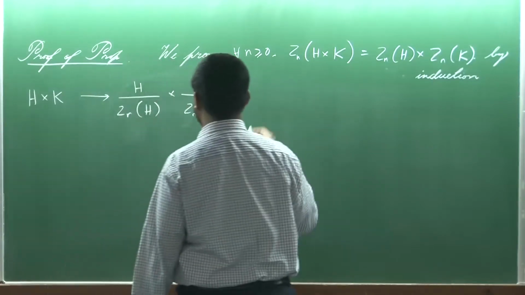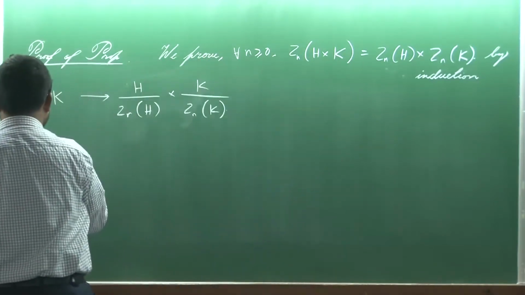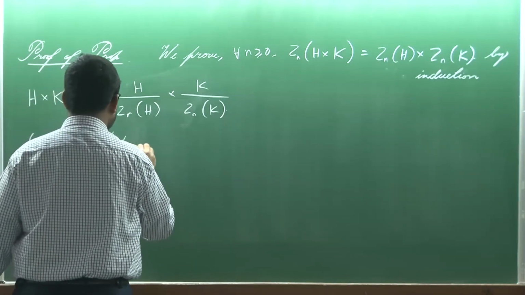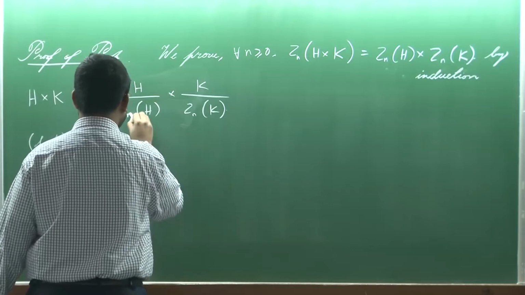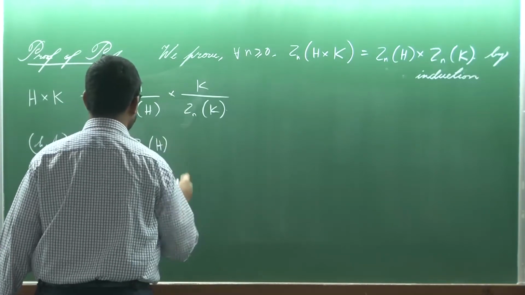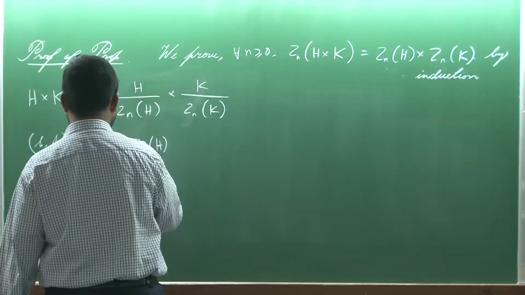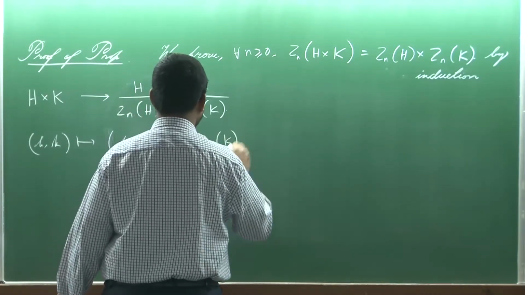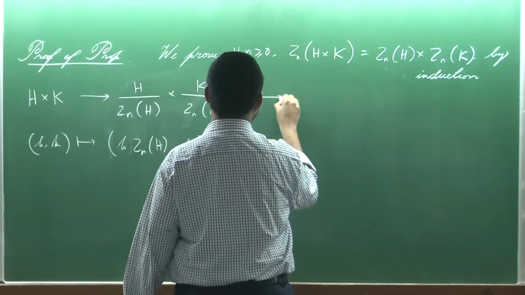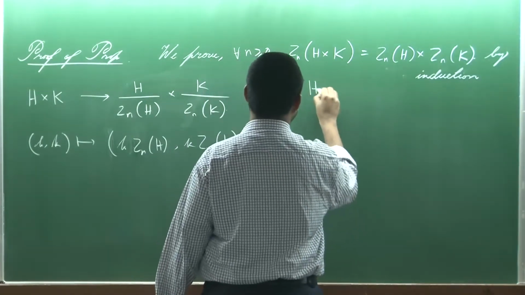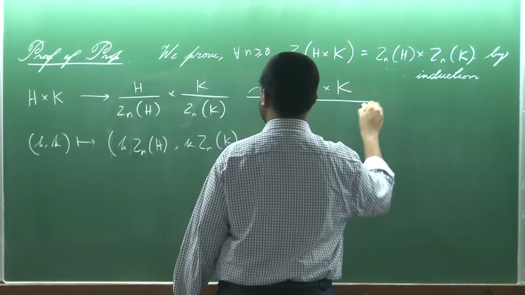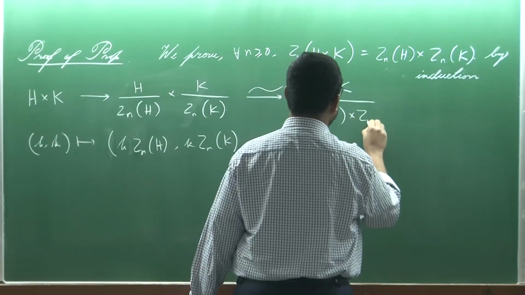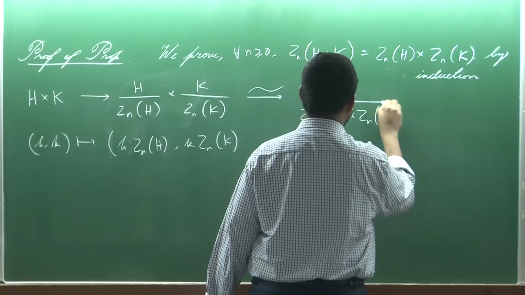So here the map is the most obvious one. H comma K goes to H Zn H comma K Zn K. Now there is an isomorphism between these, and in fact this follows from a very general property of direct products.